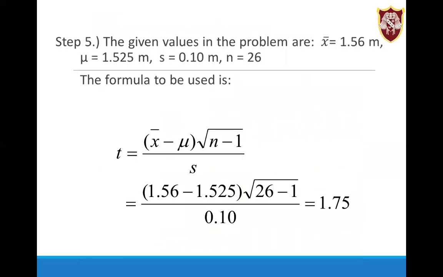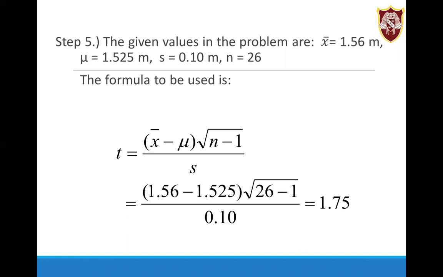So the given values in the problem are the sample mean of 1.56 meters, the population mean of 1.525 meters, standard deviation from the sample is 0.010 meters, and sample size is 26. We use the first formula under the t-test since we are comparing a sample with that of the population.